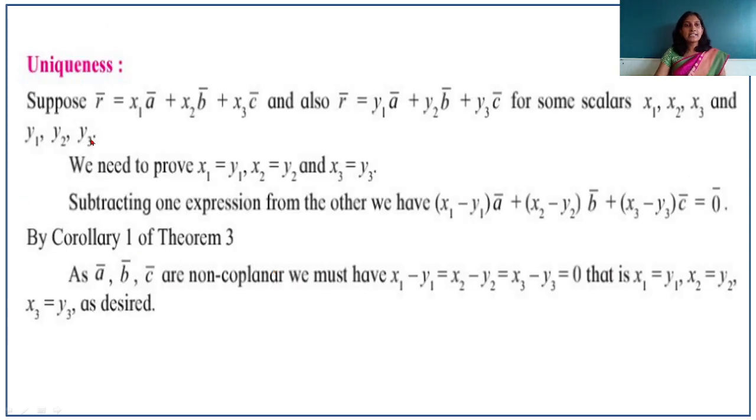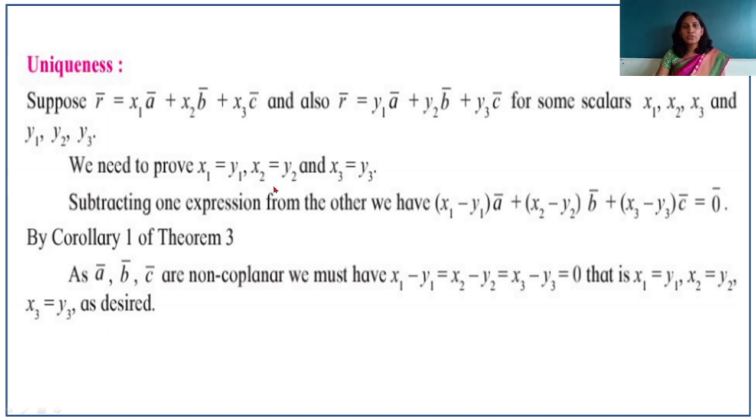So what is the uniqueness? Suppose x1, x2, x3 are scalars and y1, y2, y3 are another set of scalars. Then R bar is equal to x1 a bar plus x2 b bar plus x3 c bar, and R bar is equal to y1 a bar plus y2 b bar plus y3 c bar.